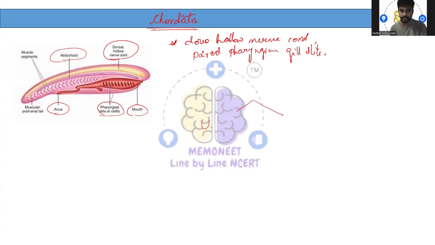One is Urochordata, or you can also call it Tunicata. Another one is Cephalochordata, and another one is Vertebrata.